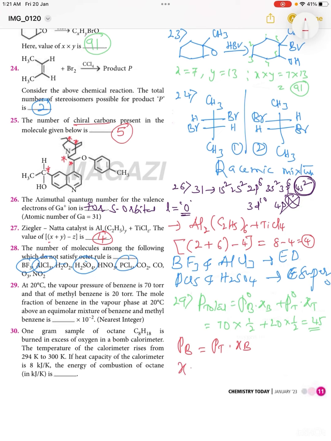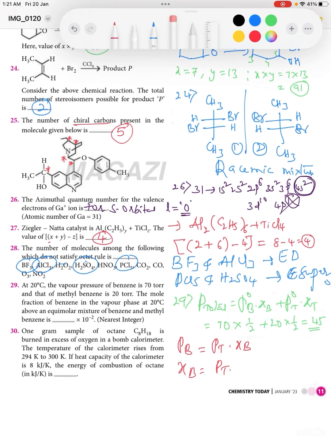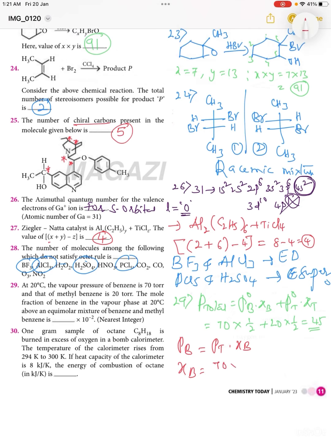So from this, the mole fraction of benzene xb is equals to 70 into 1 by 2 by 45, that is equals to 35 by 45, which is equals to 0.777, so 0.78 you can write.